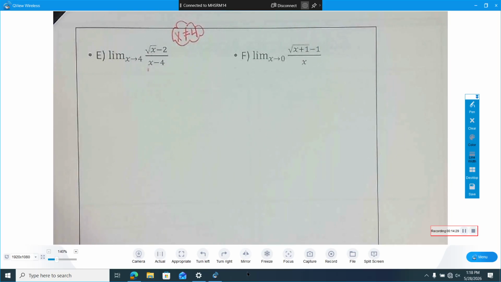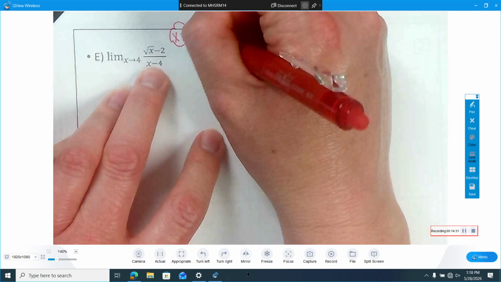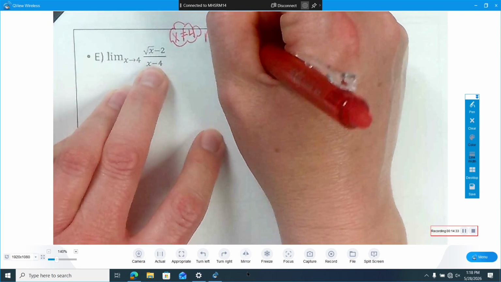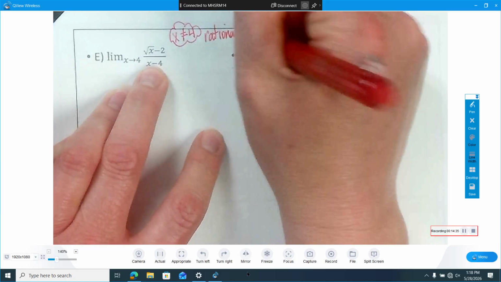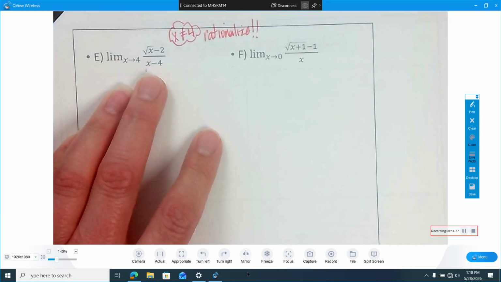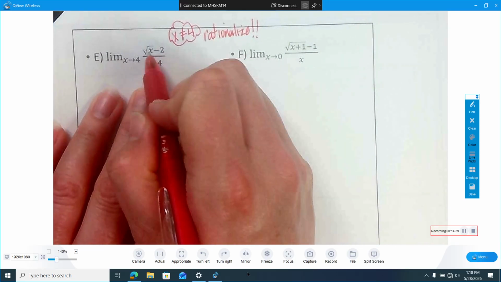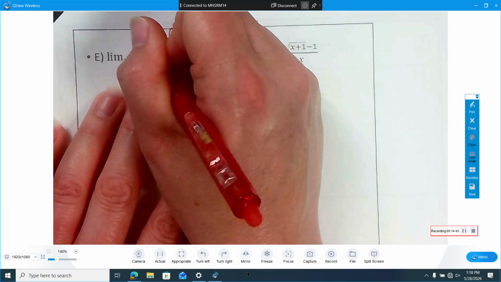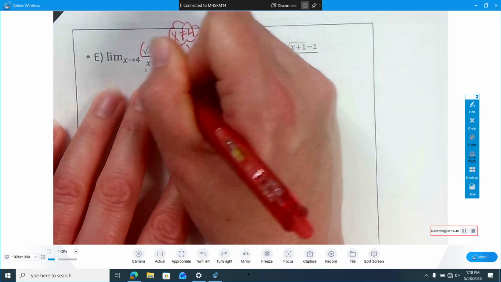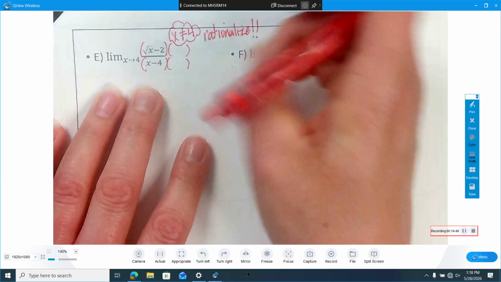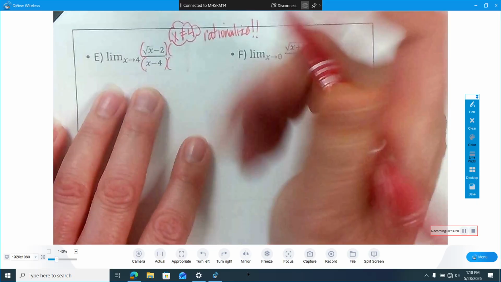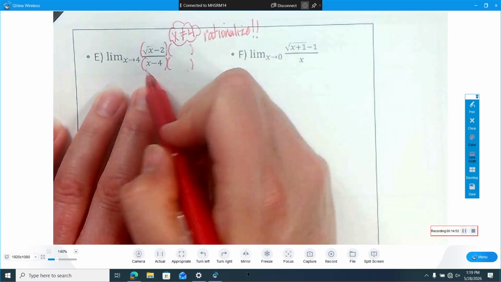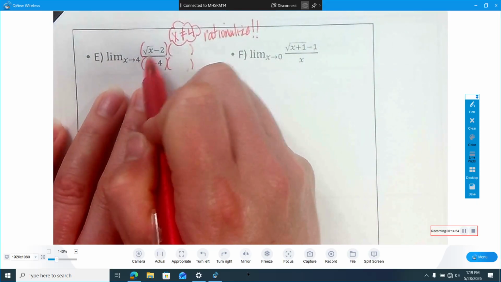And this is the rationalizing technique. This is a conjugate. We have two terms here. We have to rationalize by multiplying top and bottom by the conjugate. That's going to get rid of the radical for us, which will be helpful.